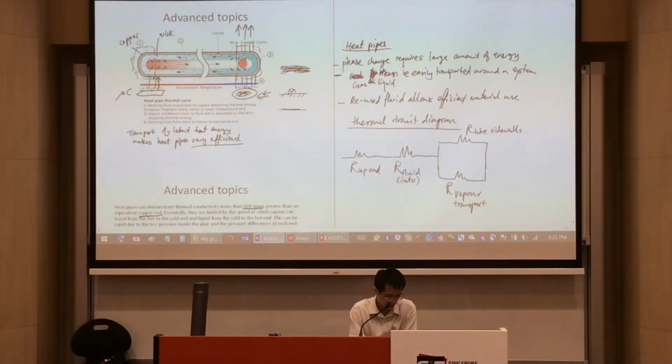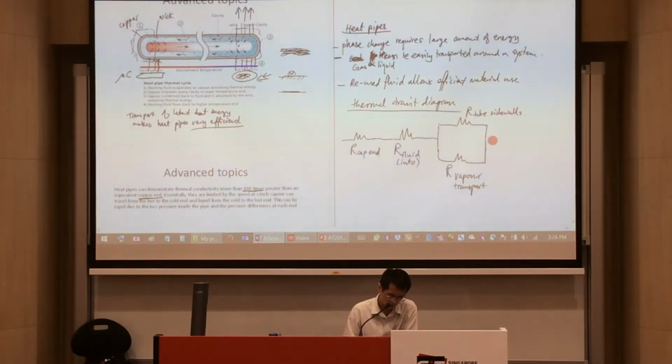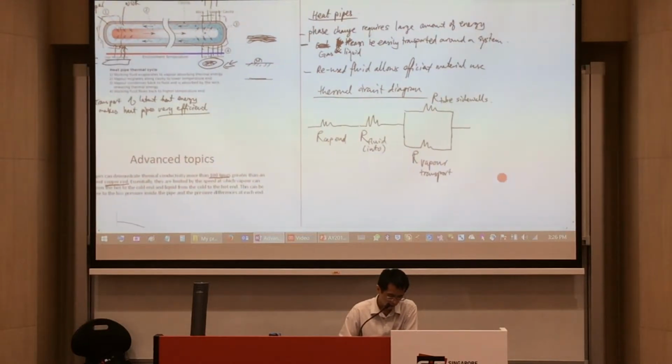This difference in pressure would flow that gaseous state from one side to the other. In this flow movement, there will be some resistance, and we call it the resistance of the vapor transport, although it's going to be very small.